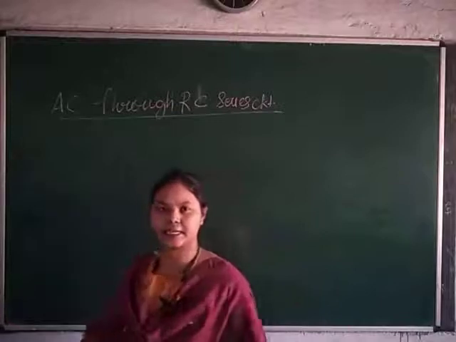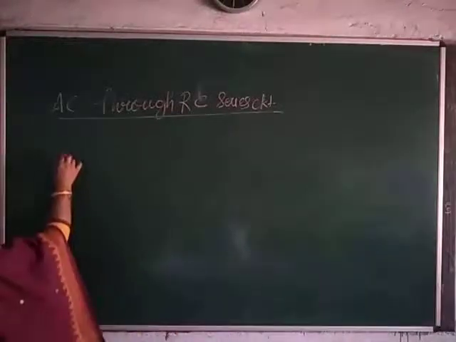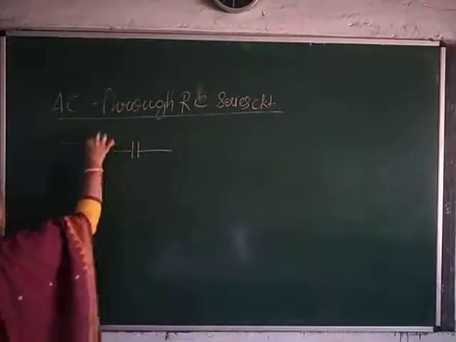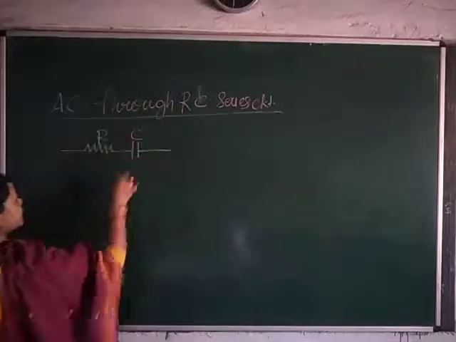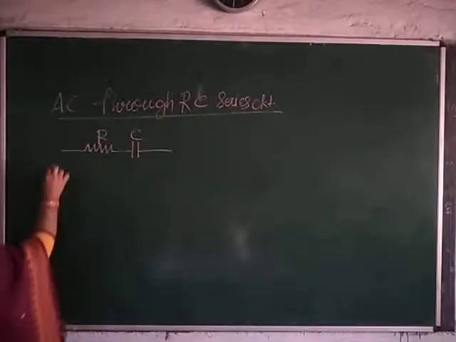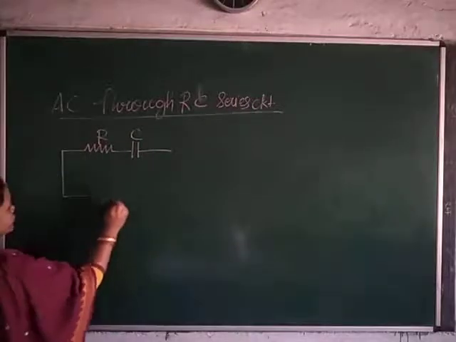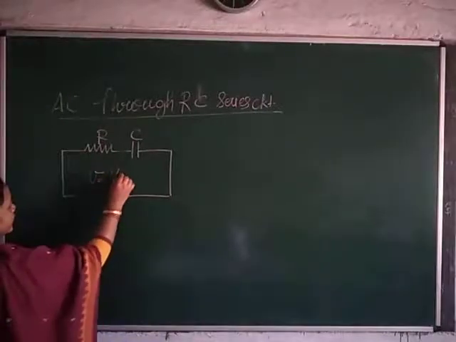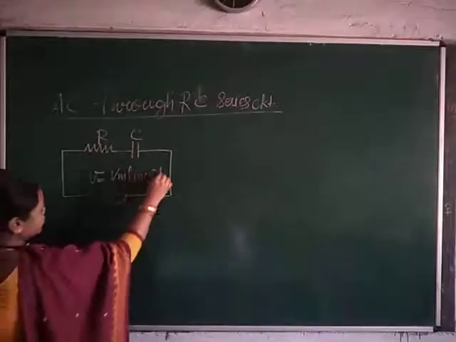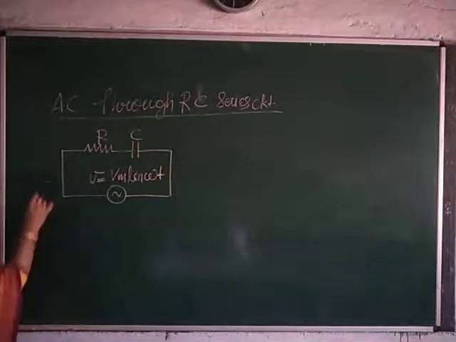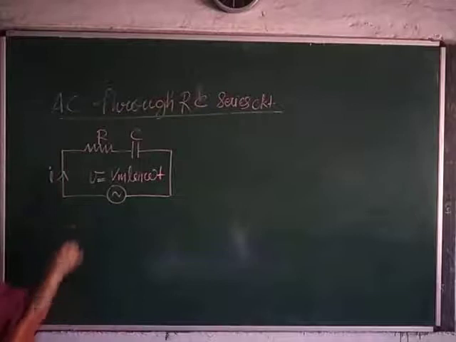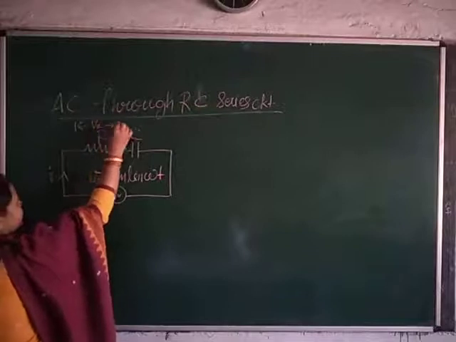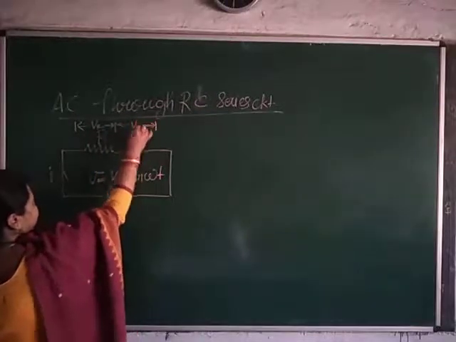In an RC series circuit, we take a resistor and a capacitor connected in series, having the resistance value R and capacitance value C, and connect it across an AC source of supply having the instantaneous value of voltage v equal to Vm sin omega t, due to which current i is flowing through the circuit, and let the voltage across the resistor be Vr and across the capacitor be Vc.